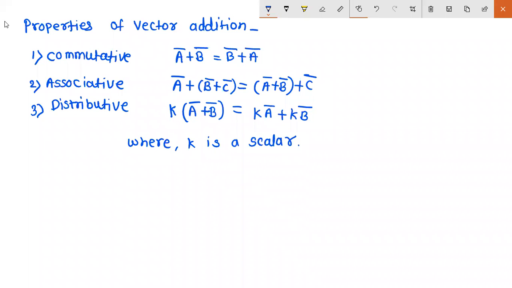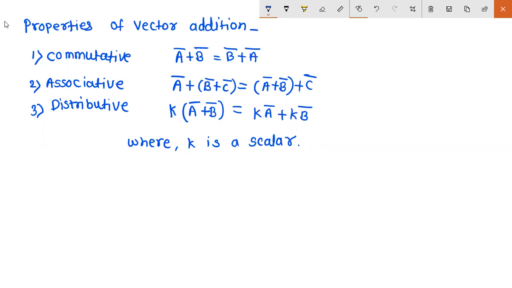First, it is commutative. Commutative means A bar plus B bar is equal to B bar plus A bar, means if we interchange any two vectors, their addition is the same. Then second is associative. Associative means if we take addition of any three vectors and put brackets for any two vectors, then A bar plus in bracket B bar plus C bar is equal to in bracket A bar plus B bar plus the third vector, C bar.